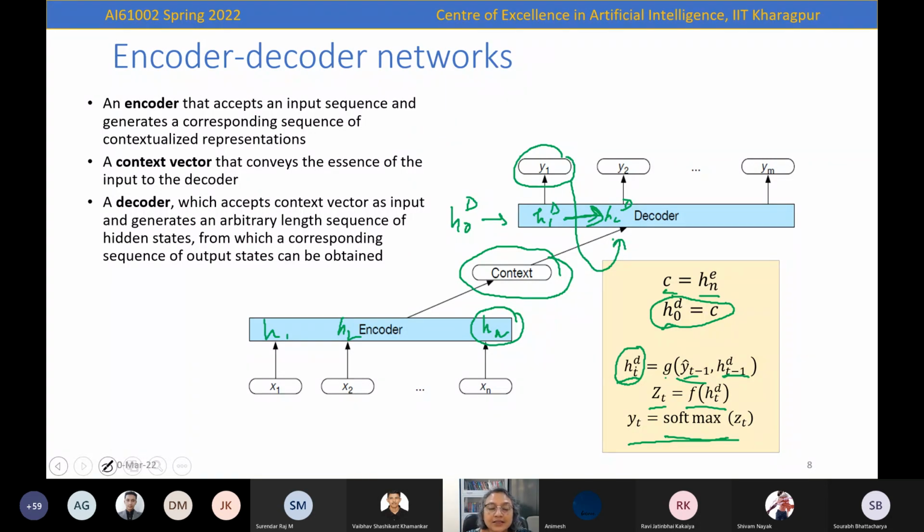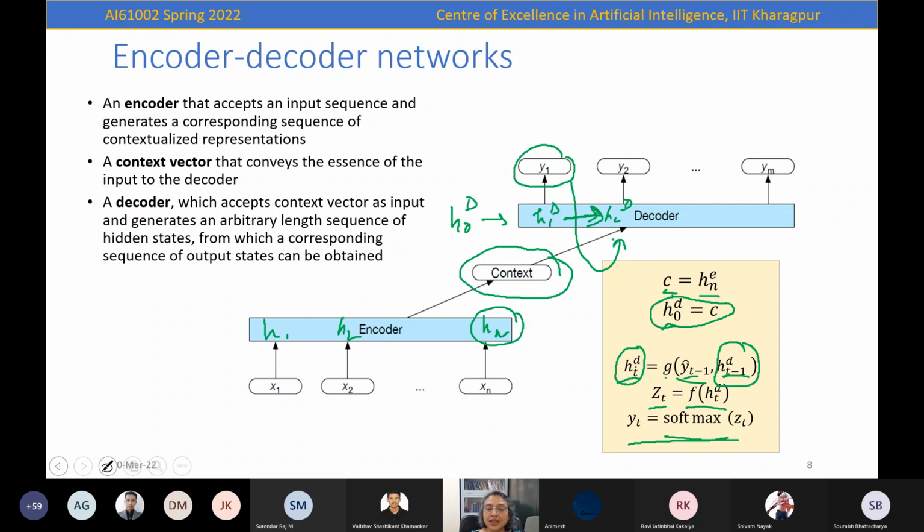So Vaibhav is asking what is the importance of giving hidden state and output as the input to the next layer? How is it different from our previous method? I do not know what the previous method is. This is the method that we are talking about in the encoder decoder. Of course, the previous hidden state is supposed to capture all information of everything so far.